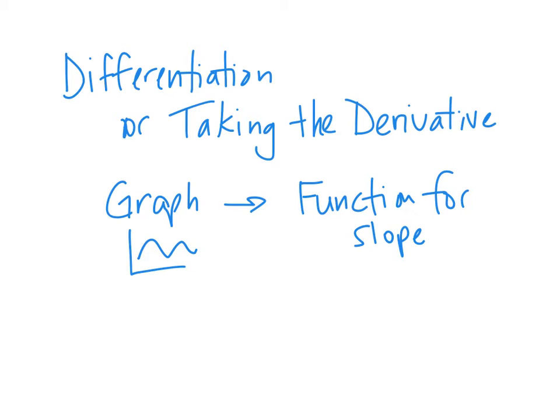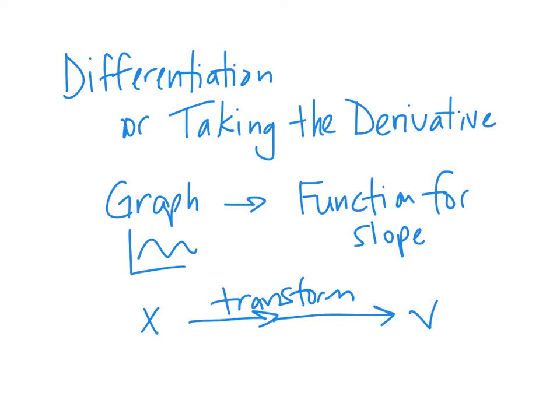The other thing it does is that if we have a function that's, say, x, it will transform that x function, that information about x, and turn it into something about the velocity. It also can take a velocity function and transform it into information about the acceleration.